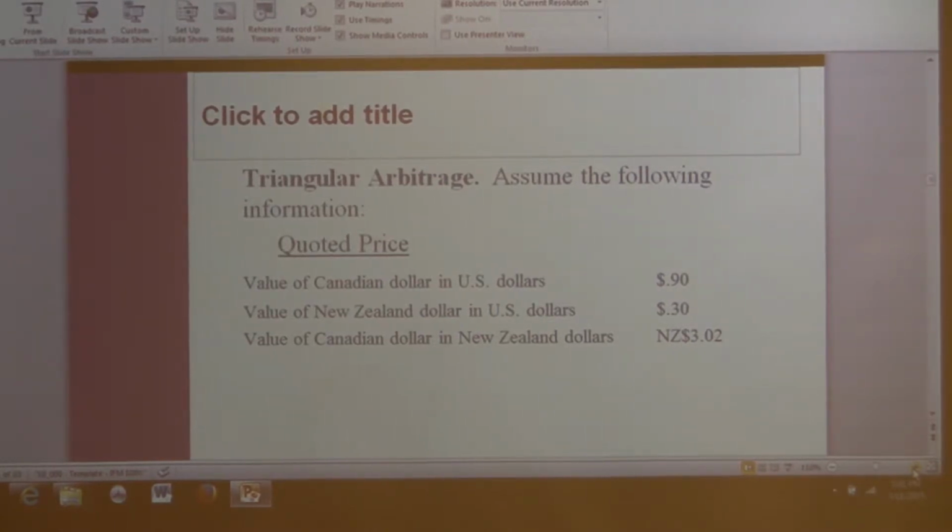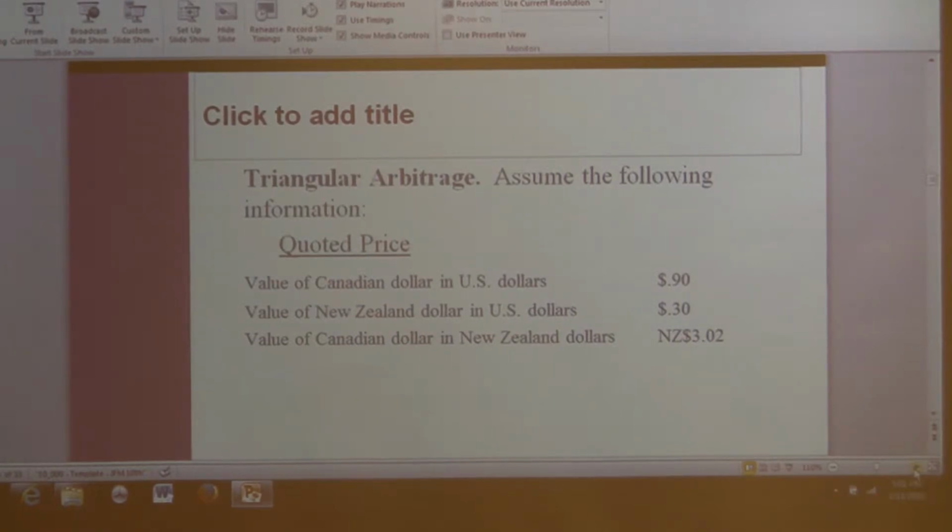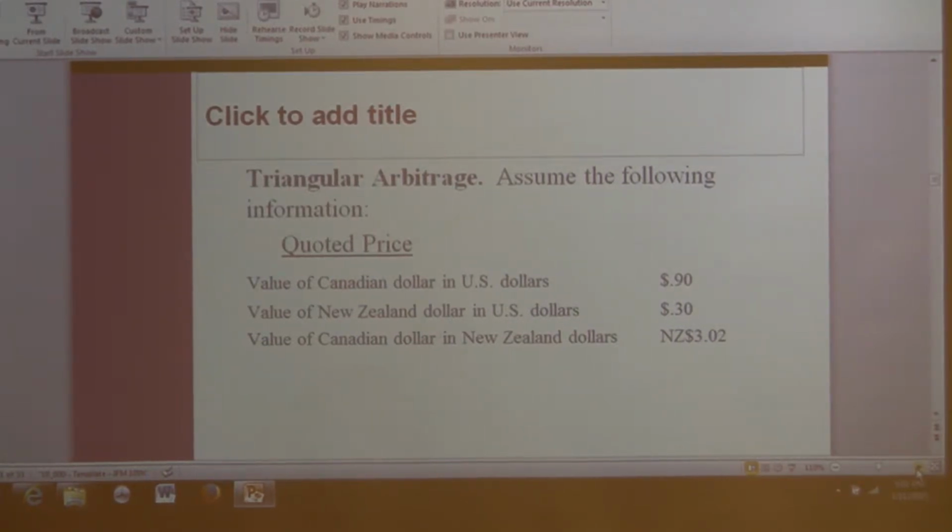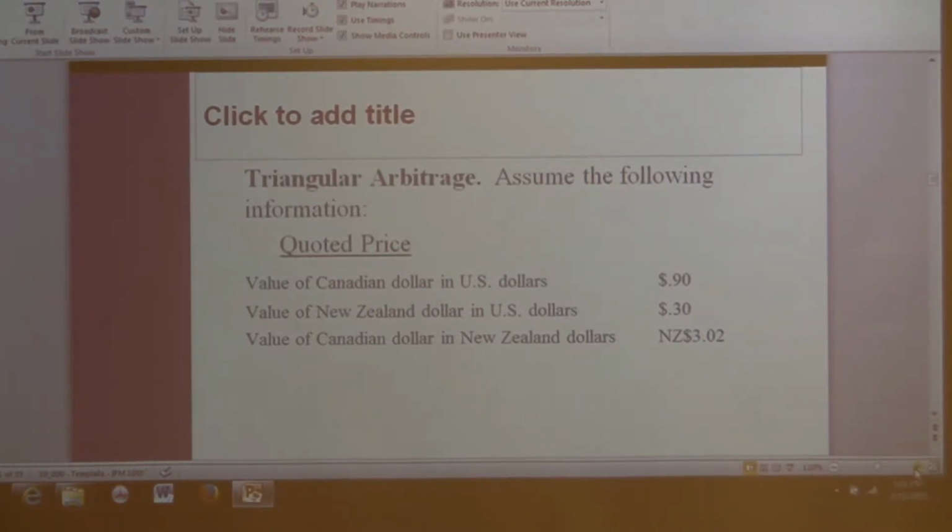So what does it tell you? Is the Canadian dollar overvalued or undervalued when compared to the New Zealand dollar? What does it mean? Is the market price higher than what it should be, or is it lower than what it should be? Higher, isn't it? Because if you are in New Zealand, you pay $3.02 for one Canadian dollar. But on the other hand, based upon the US dollar as the middleman, it should only be worth 3.